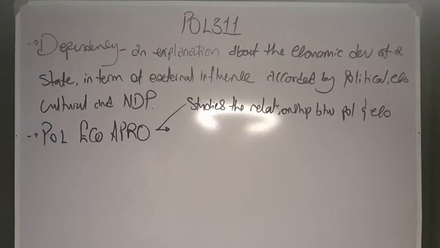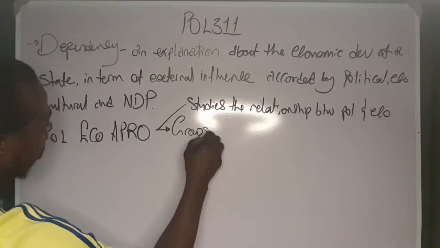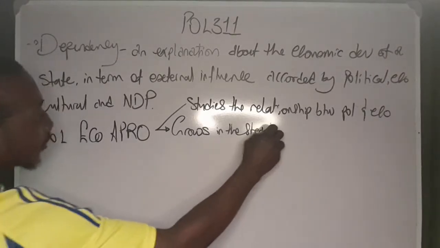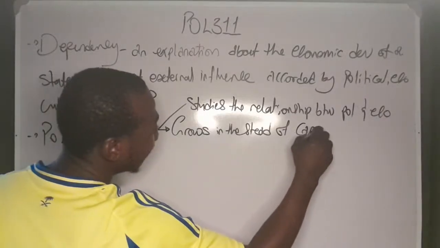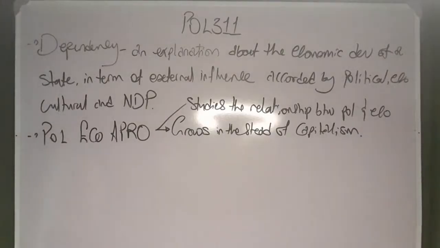So we are being told that, according to the history of political economy, this approach follows the stead of capitalism. It grows in the stead of capitalism. I believe we know what capitalism is.